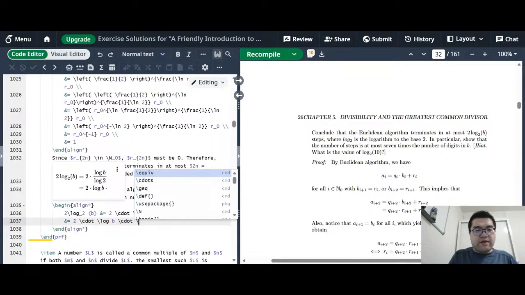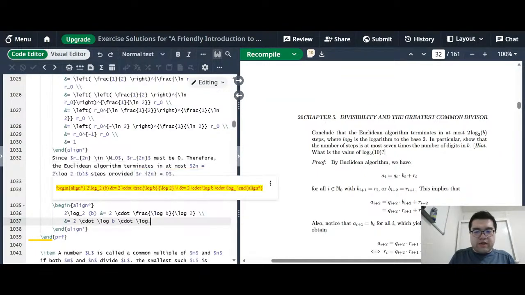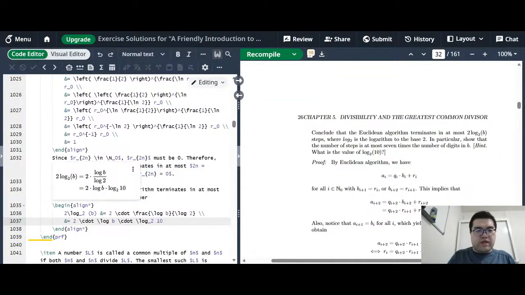We can rewrite again as ln 10 over ln 2, which is the same as log base 2 of 10, like this.